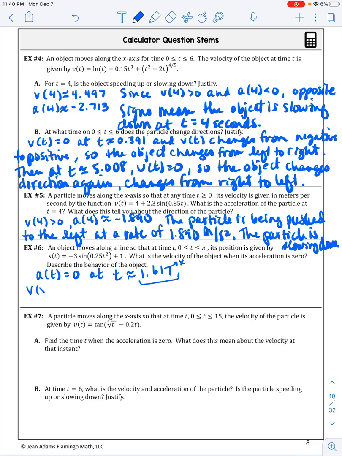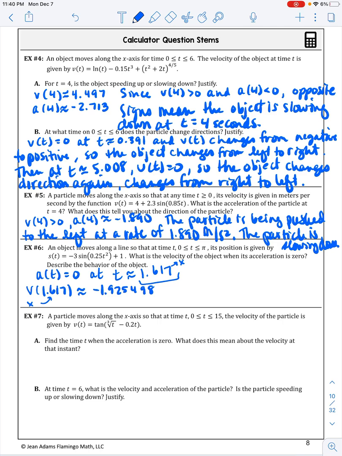I'm going to say my v of 1.617, but I would be putting in that x so I can make it more exact, is approximately negative 1.925498. I went ahead and took it out several places just so you could see what was happening.